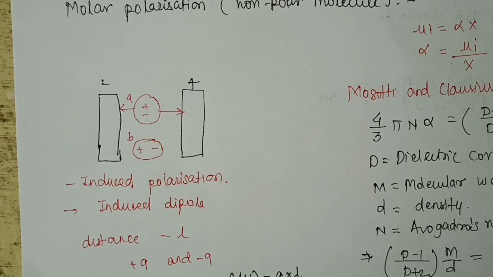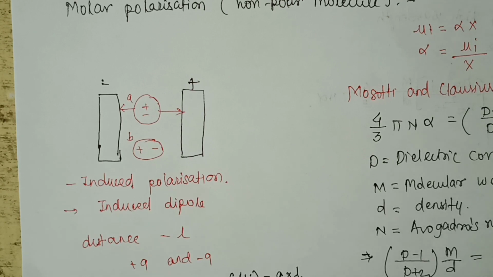If we place a non-polar molecule in an electrical field between two plates, the positively charged nuclei go to the negative plate and the negatively charged electrons go to the positive plate, and the centers will not coincide with each other, so there will be polarization or electrical distortion of the molecule.